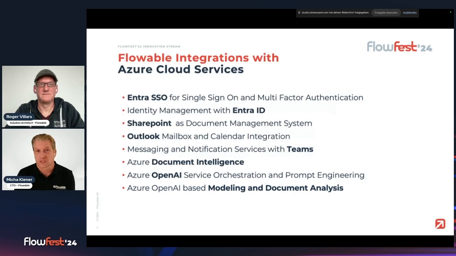We want to use Teams as a means of notifications, but also posting messages and even handling small tasks like review tasks, as you will see. And we also use the document intelligence services, like extracting content from documents or categorization of documents, kind of like IDP services, if you will.